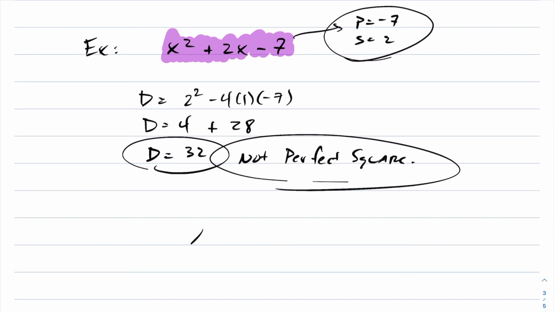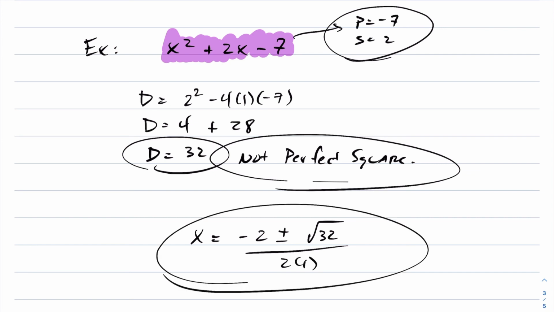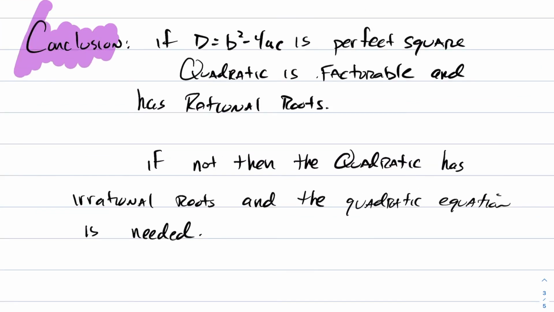In fact, to prove it, I go to calculate my quadratic equation. You get negative 2 plus or minus the root of 32 over 2 times 1. And again, those are my two roots. It does not break down into rational roots or integer roots. So just in conclusion here, the idea is that if you have a discriminant, in this case b squared minus 4ac, if it is a perfect square, then your quadratic is factorable.